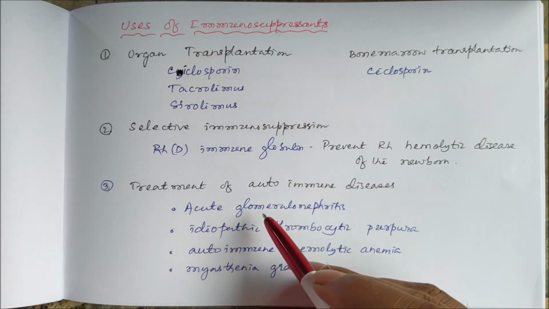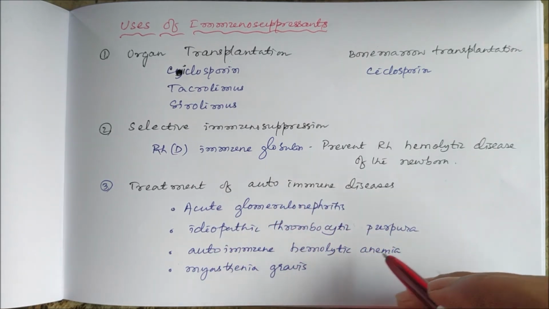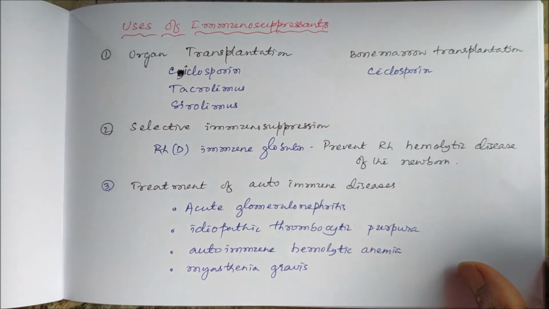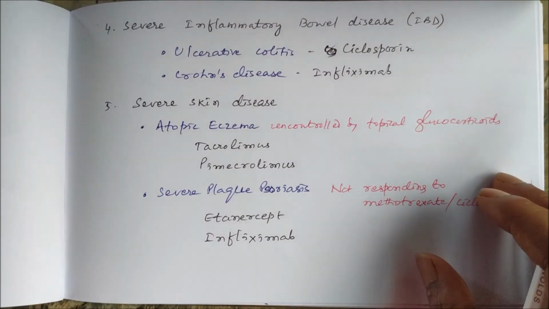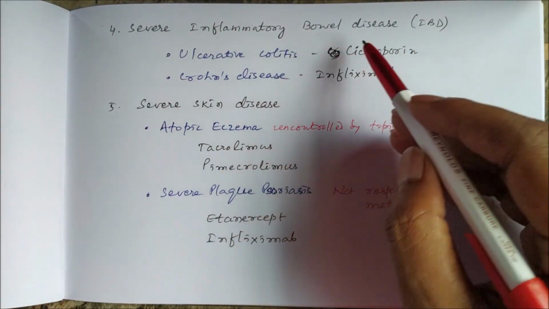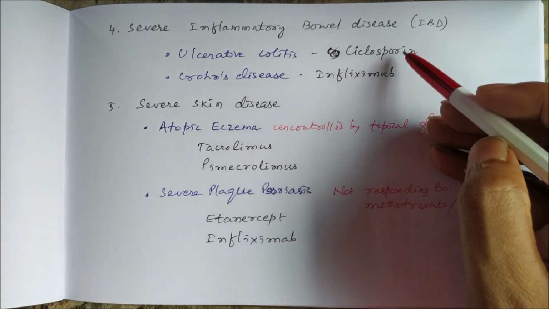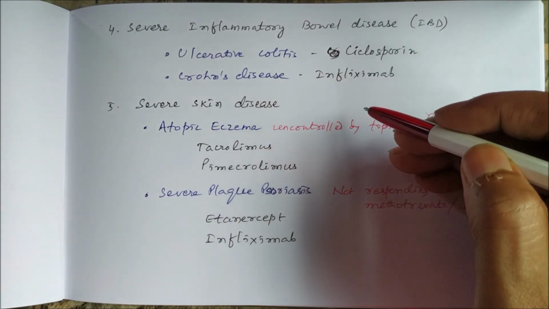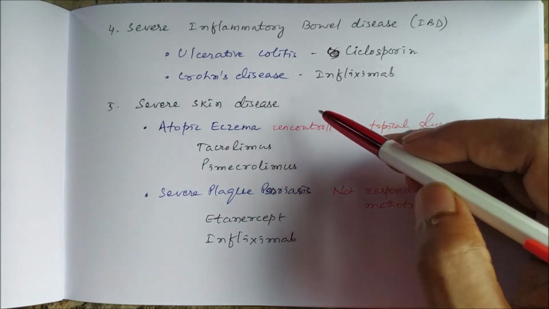Then the treatment of autoimmune diseases like acute glomerulonephritis, idiopathic thrombocytopenic purpura, autoimmune hemolytic anemia, myasthenia gravis. In these cases also we can use immunosuppressants. Then immunosuppressants are also used in severe inflammatory bowel disease like ulcerative colitis and Crohn's disease. Cyclosporin can be used in ulcerative colitis, and infliximab can be used in Crohn's disease.